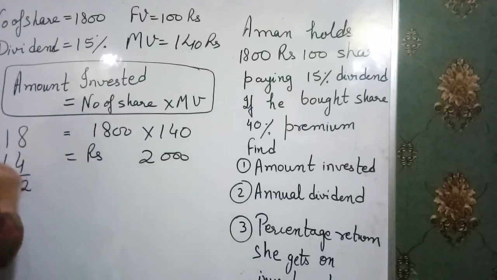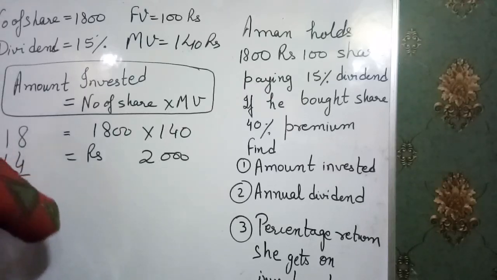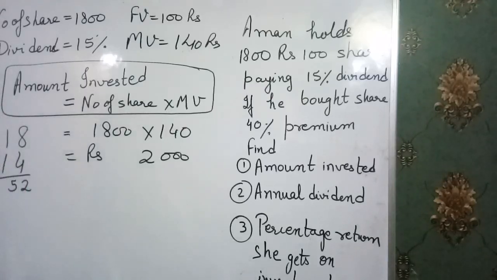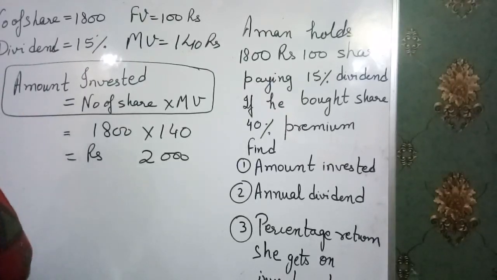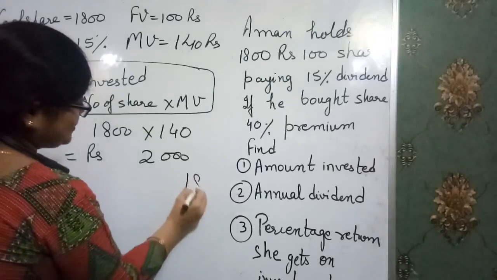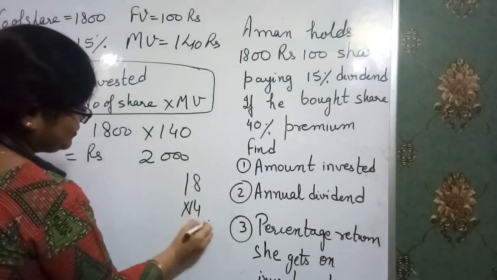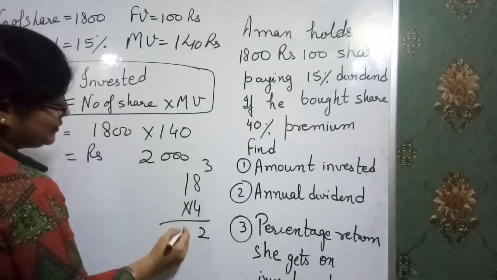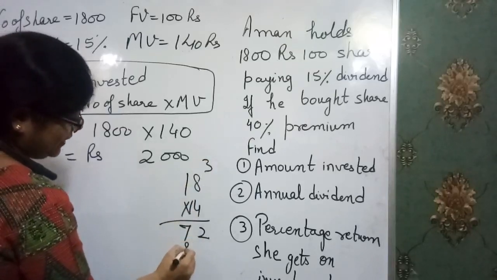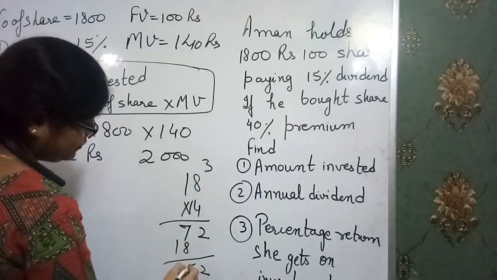4 8s are 32, 4 1s are 4, 3 is 7, then 8 and 1 we have 2, 5 and 2.